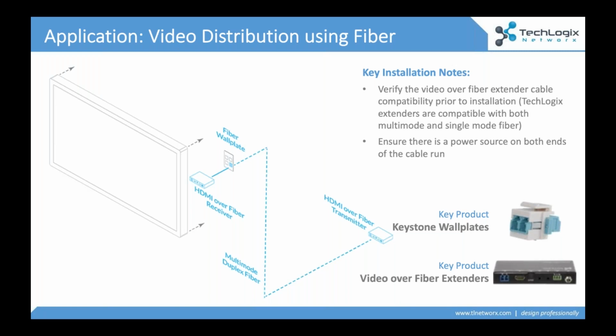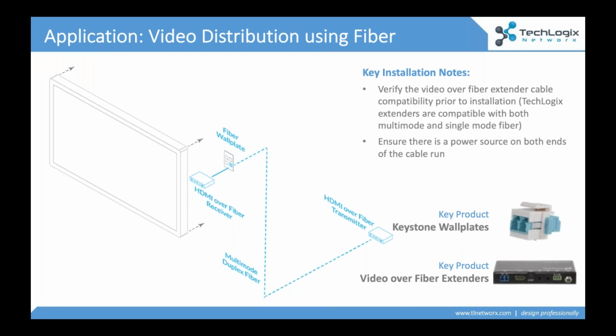Video extenders that are specifically designed and built for fiber optics allow you to send those signals, those big signals, natively, no compression needed, and also let you send them long distances. Now, another major advantage of fiber optic cabling, and this is very relevant to video distribution, is immunity.